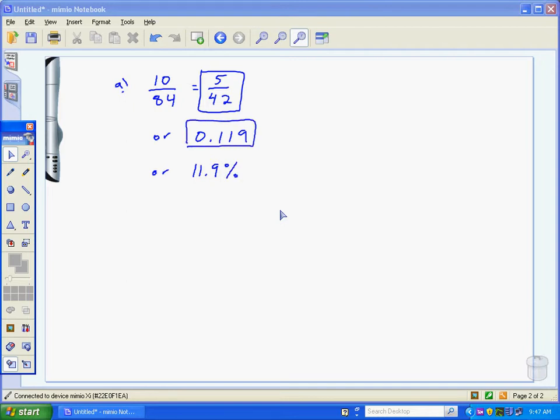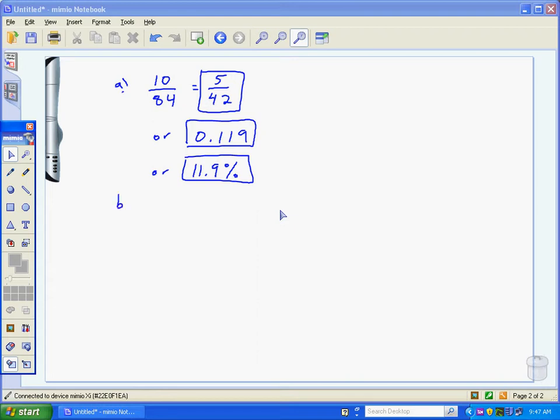So these are also legitimate ways of writing it. I guess as a ratio, we could put it 5:42 and that kind of stuff as well. But we'll save that for another time.